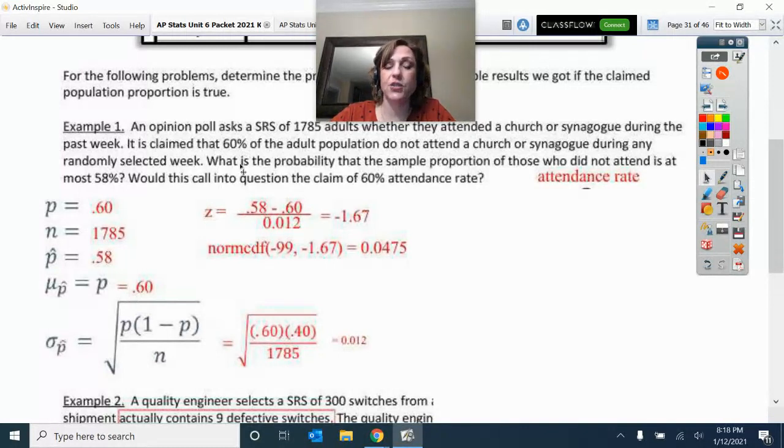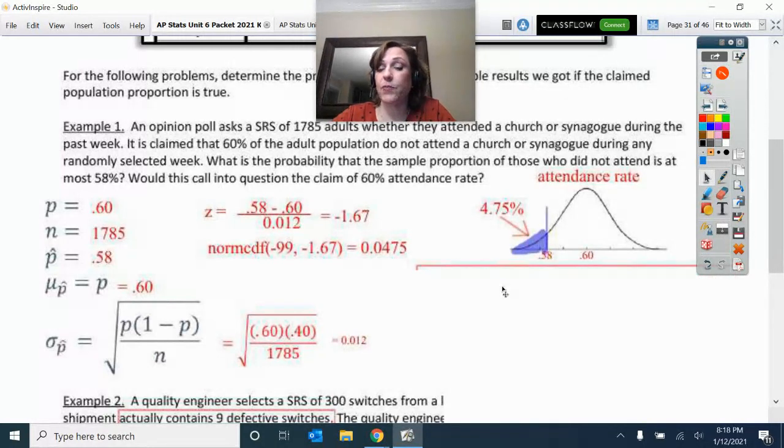Now, to answer the question, what's the probability that we get this particular sample or at most that amount? This is our attendance rate centered at 60%. That 0.58 is 1.67 standard deviations below the mean. And the area that is at most 58% is 4.75%.